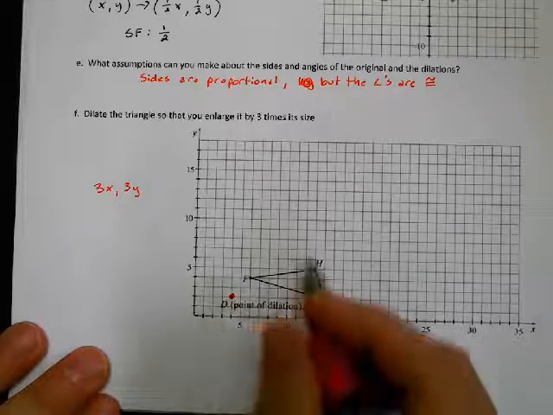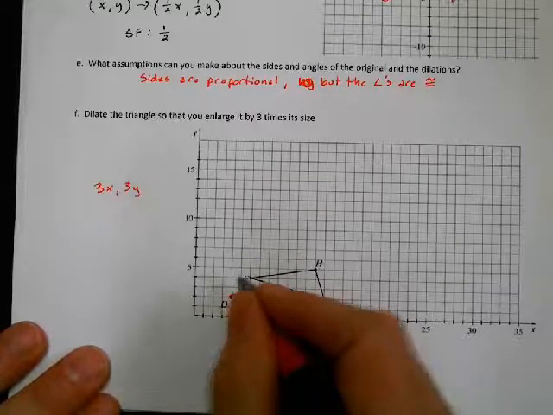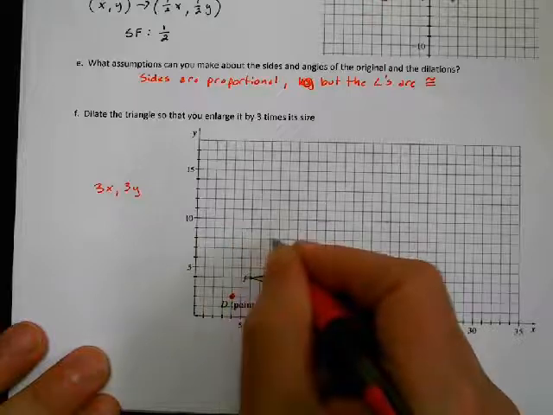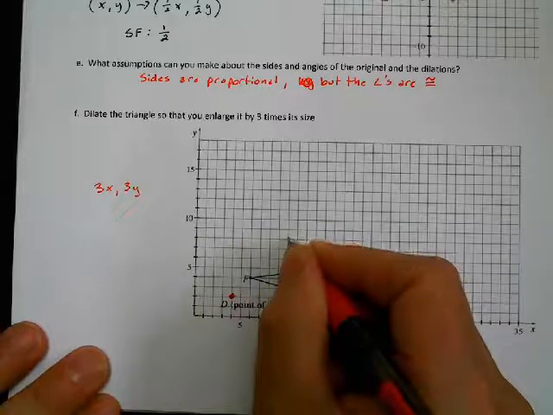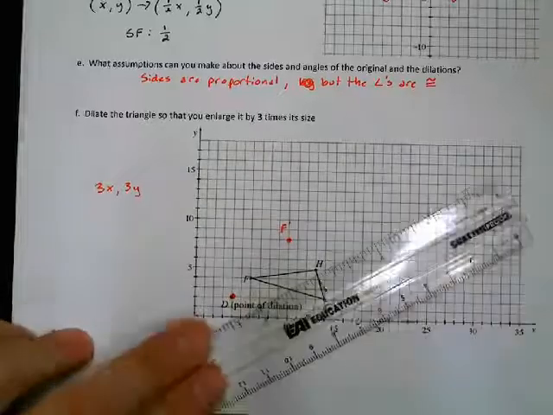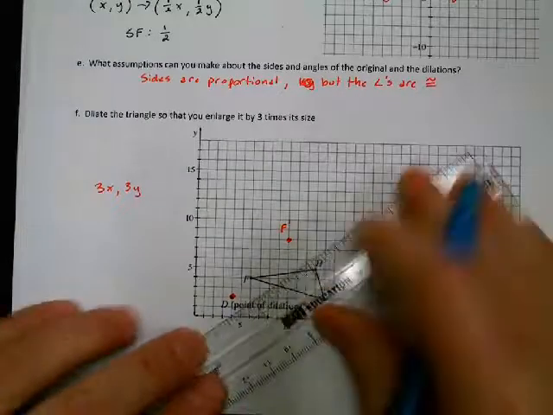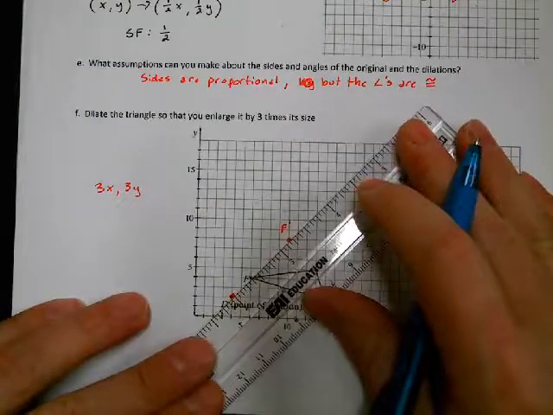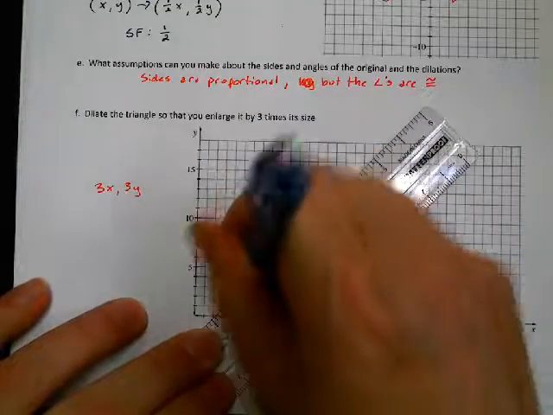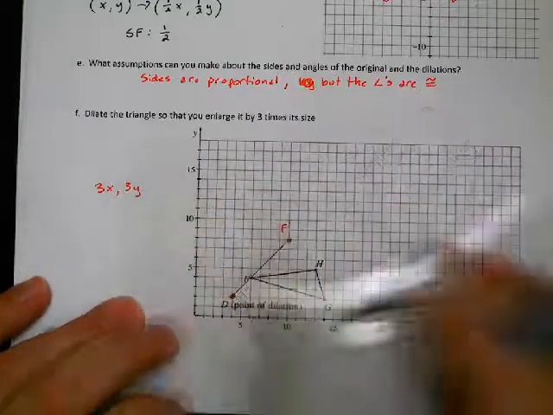So 1, 2, 3, 4, 5, 6. 1, 2, 3, 4, 5, 6. There's F prime. And notice it is on the line going from D to F prime. So it's just spreading out in a straight line from there.